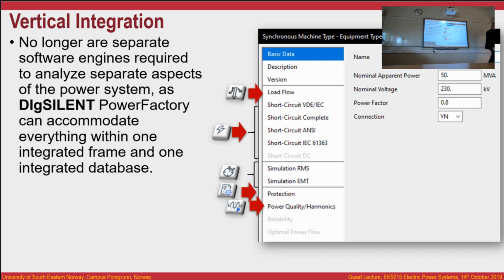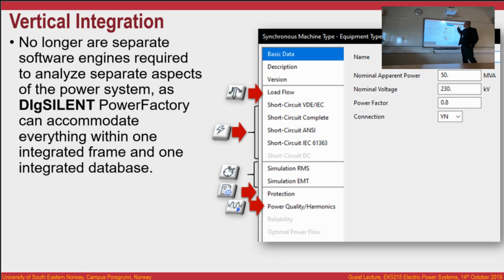The first data is the basic data. It's the minimum data that you require to put inside the object in order to avoid an error. The basic data that you need: apparent power, S, voltage, power factor, connection. Are you with me?